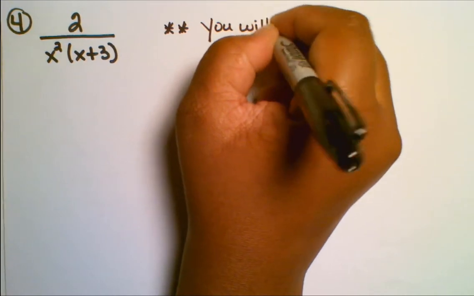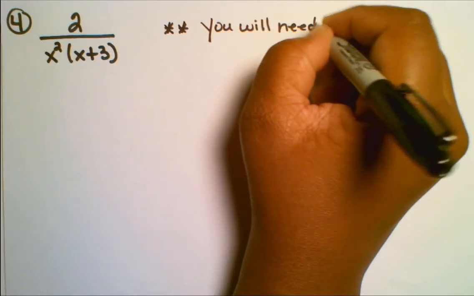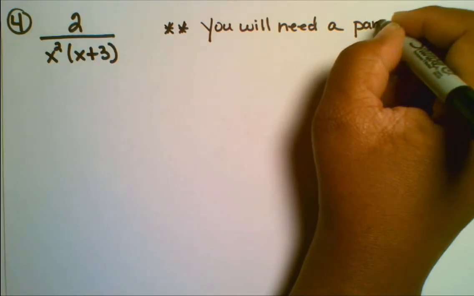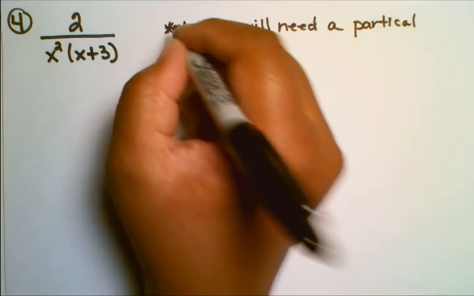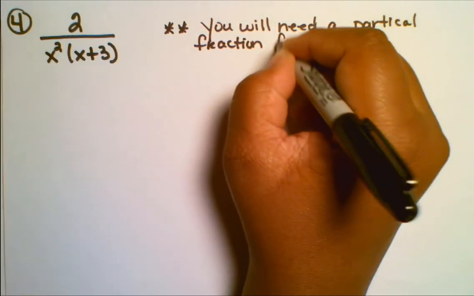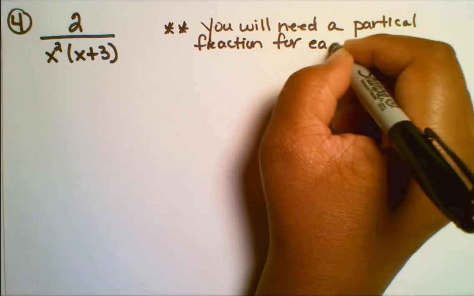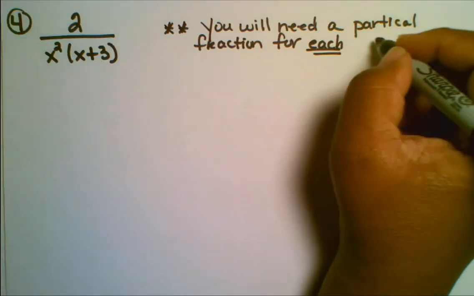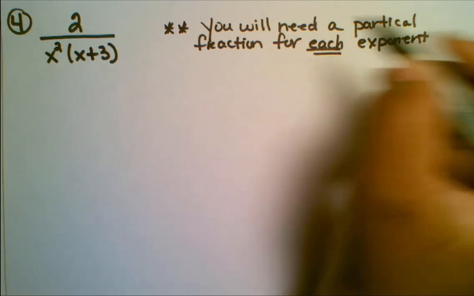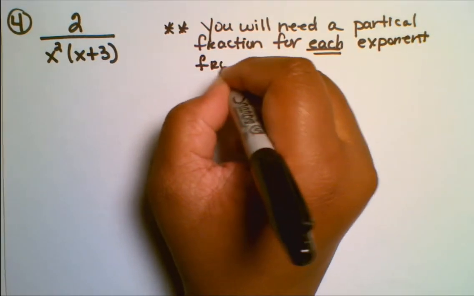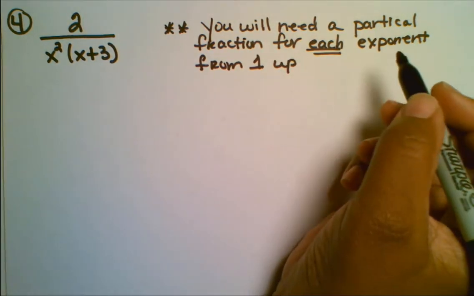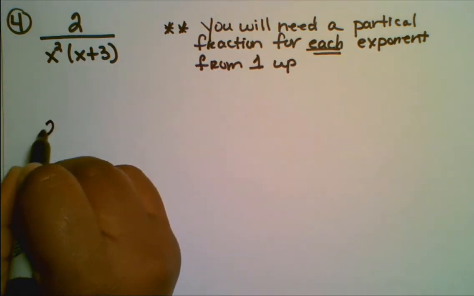You will need a partial fraction for each exponent from 1 up.